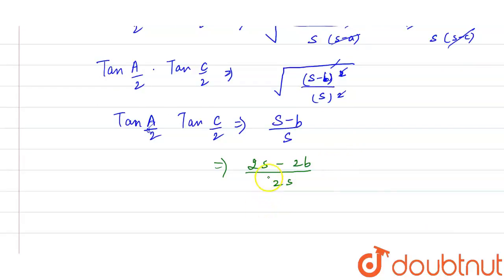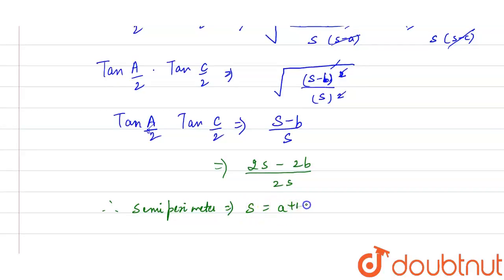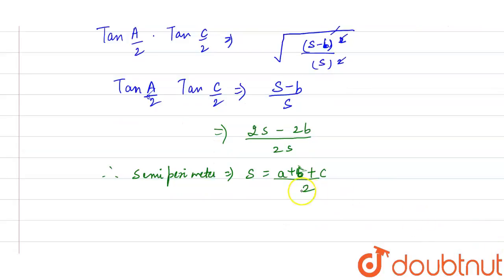And we all know that the semi perimeter s is equal to (a plus b plus c) divided by 2, that is the addition of all three sides divided by 2. So we put the value of 2s, that is, 2s is equal to a plus b plus c.